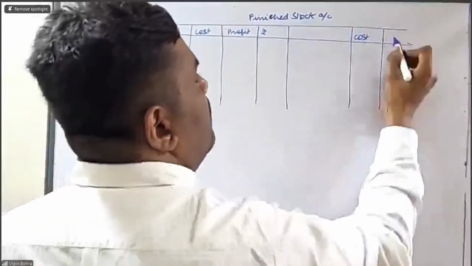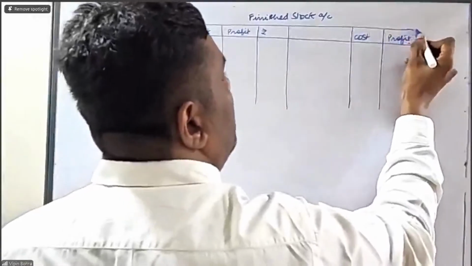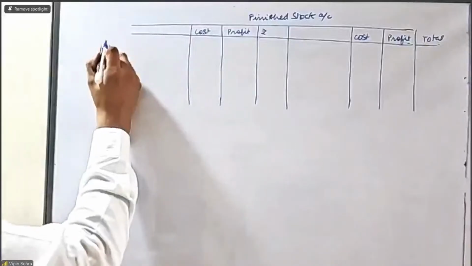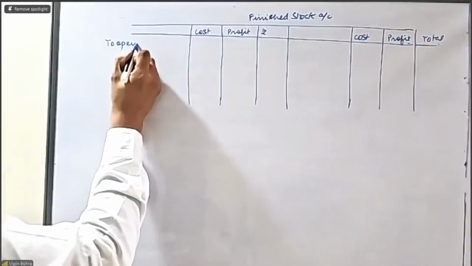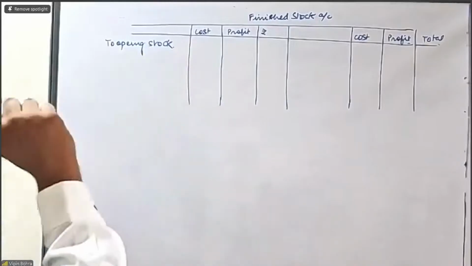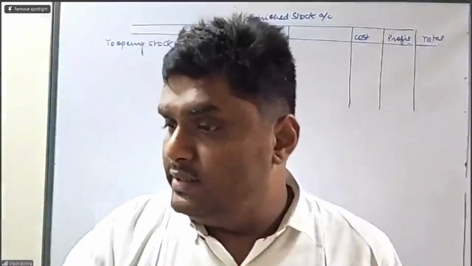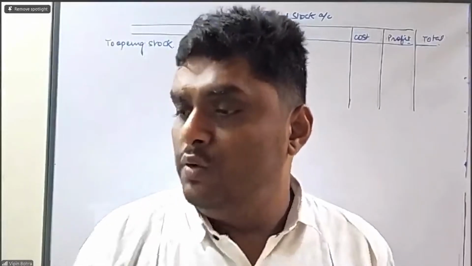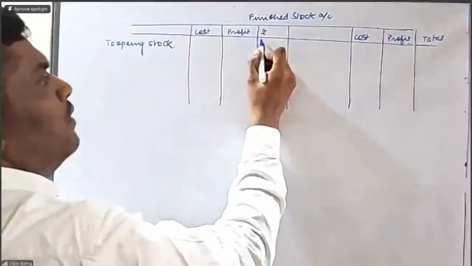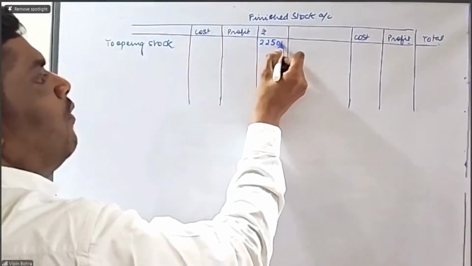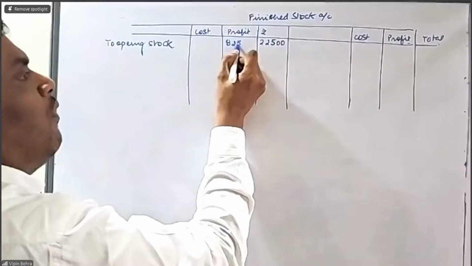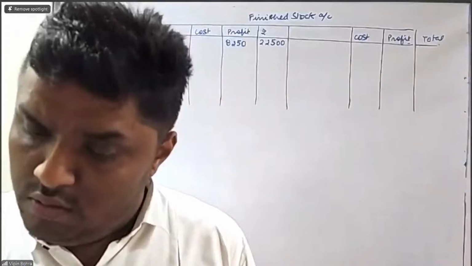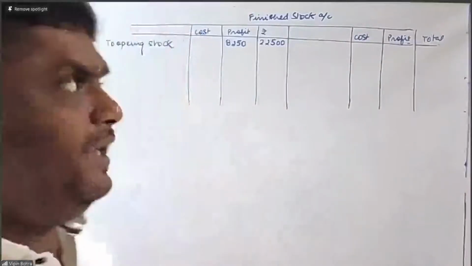Just like here, the opening stock is also given in the question, and it is 22,500 and the inter-process profit is 8,250. So my cost will be how much? 14,250.